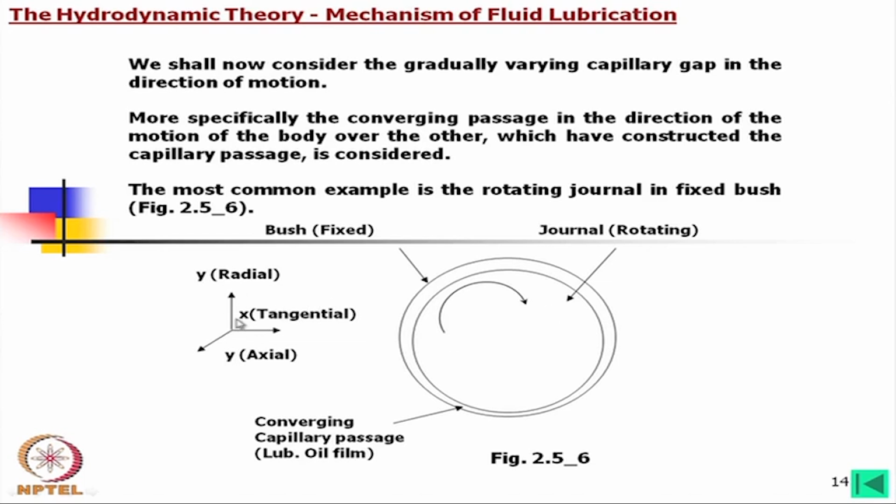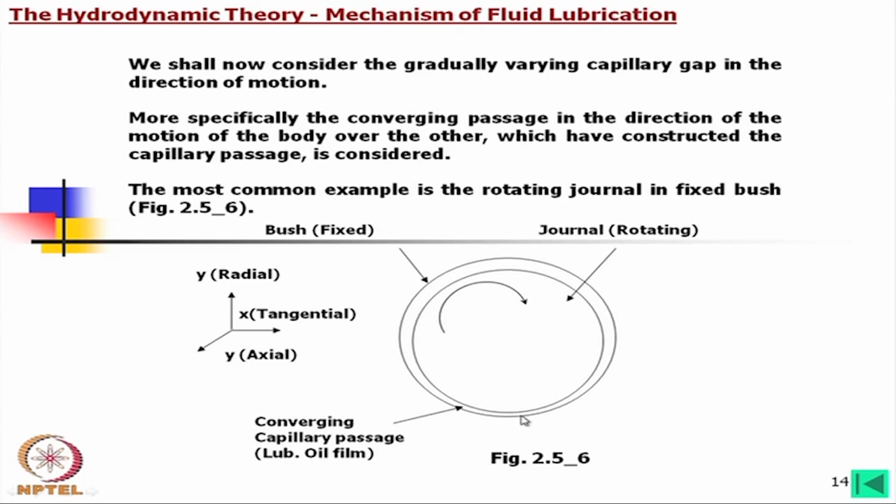Now, if we would like to apply the rectangular coordinate system, what do we do? We fix that coordinate system at the point of analysis. Then x is the tangential direction. Suppose we have considered this point, the tangential direction will be x. It is rotating like this, so the oil is moving like this.